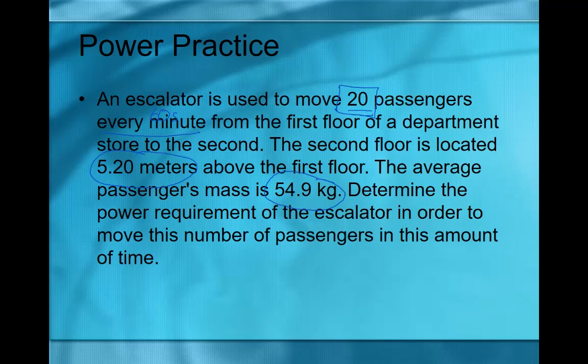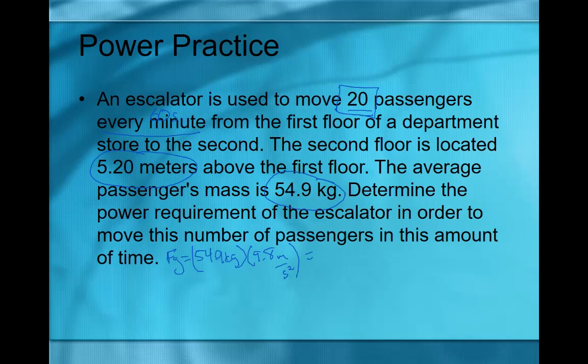Okay, so remember, in order to get work, we need to have a force across a distance. We are not given a force here, but we are given the mass of the individuals, the average mass. So let's find their weight. F of G is equal to 54.9 kilograms times the acceleration of gravity.